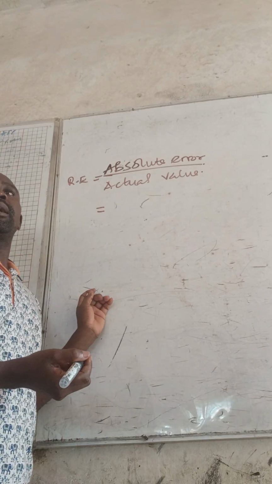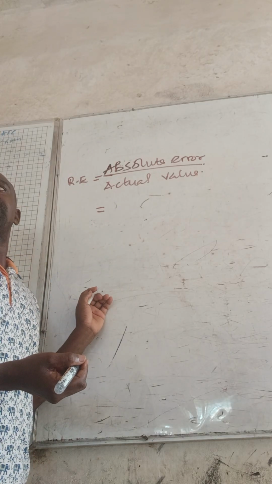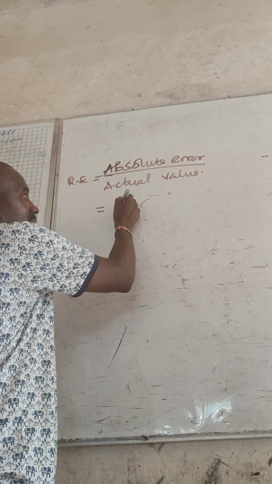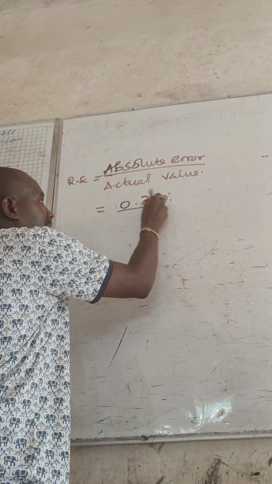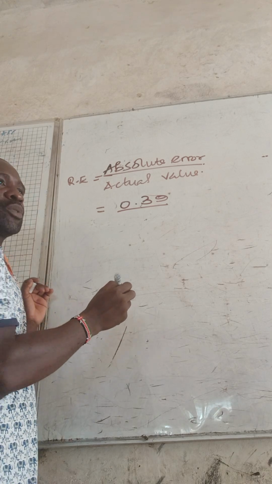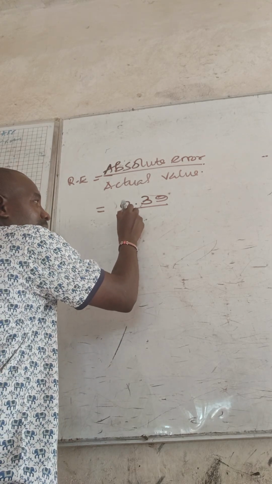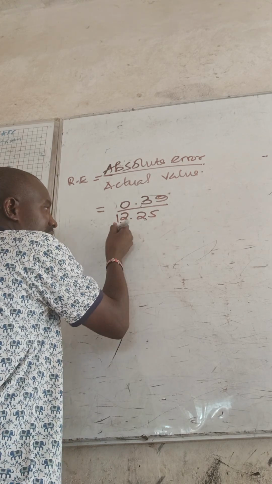What is our absolute error? 0.39 divided by the actual value, 13.25.